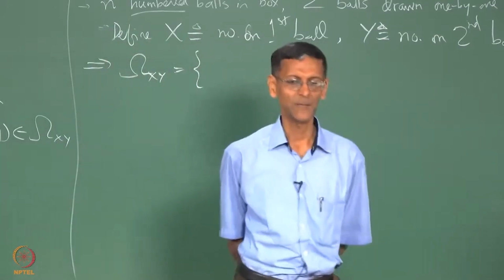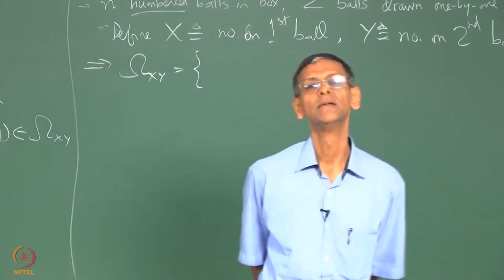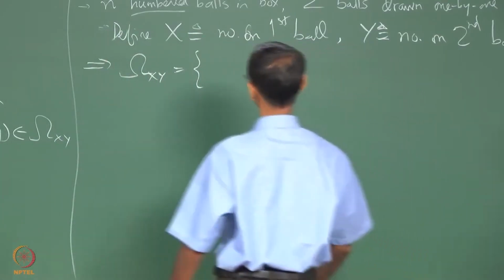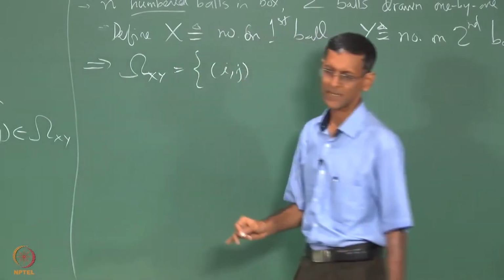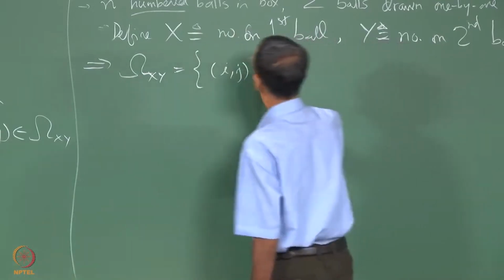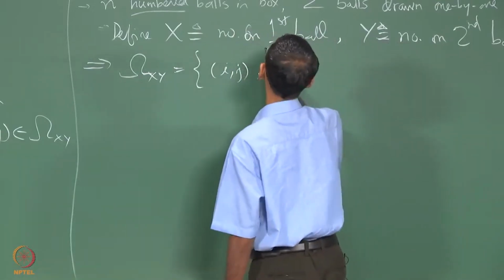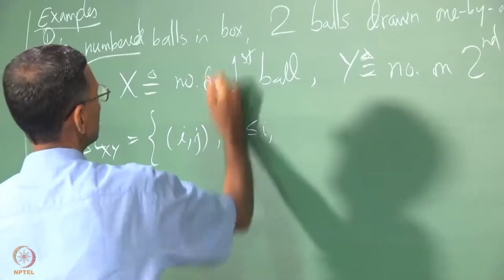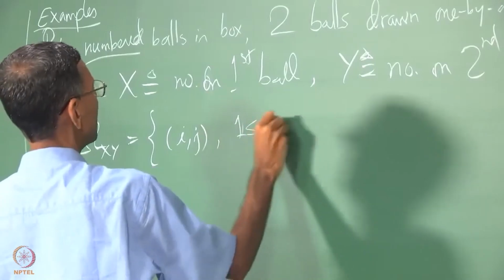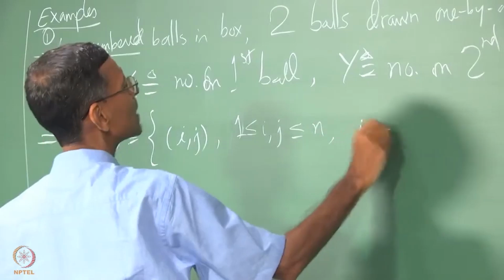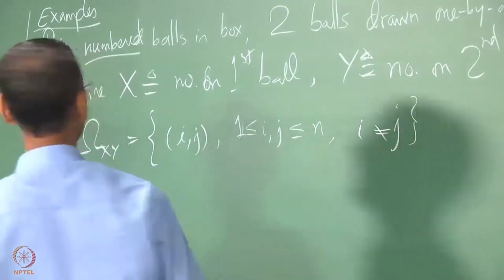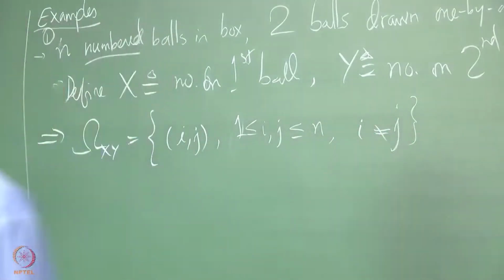If I want to write it mathematically, how will I write it? It's the set of all natural numbers i, j with 1 less than or equal to i, j less than or equal to n. But I obviously cannot be equal to j in this.